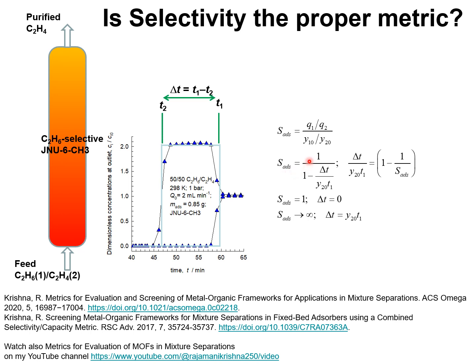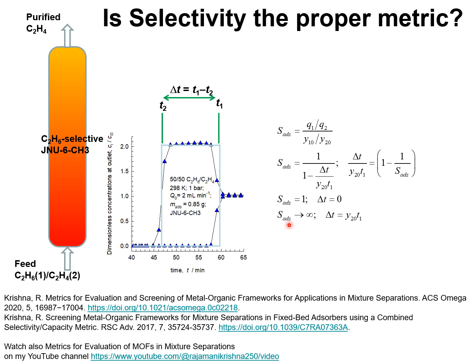The adsorption selectivity is 1 divided by 1 minus delta T divided by Y20, which is the mole fraction of ethene in the feedstock, times T1, which is the breakthrough time for ethane. Essentially, the adsorption selectivity relates the time interval delta T to the breakthrough time of the more strongly adsorbed ethane.